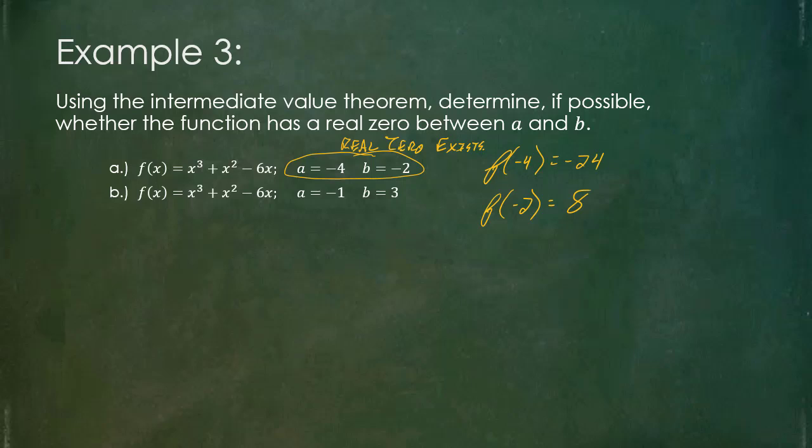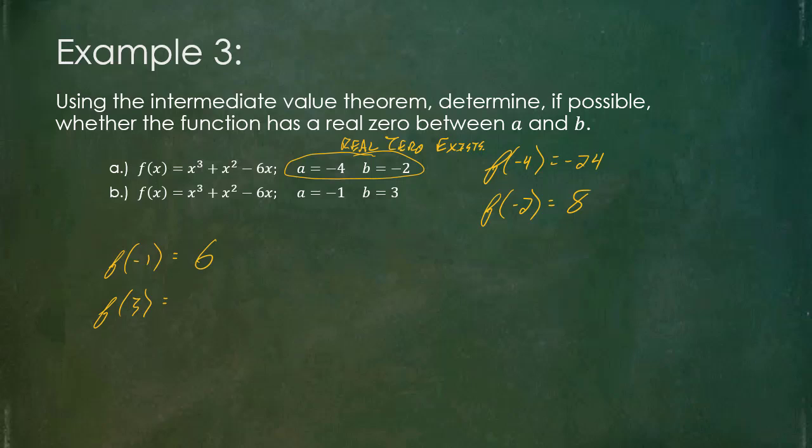If I go ahead and try the same thing with part B, it wants me to test between -1 and +3. So f of -1 would be a -1 plus 1, which is 0, and then minus 6 times -1, so plus 6, so that would come back +6. If I plug in 3, that would give me 27 plus 9 more, which would take me up to 36, and then take away 6 times 3, so take away 18.